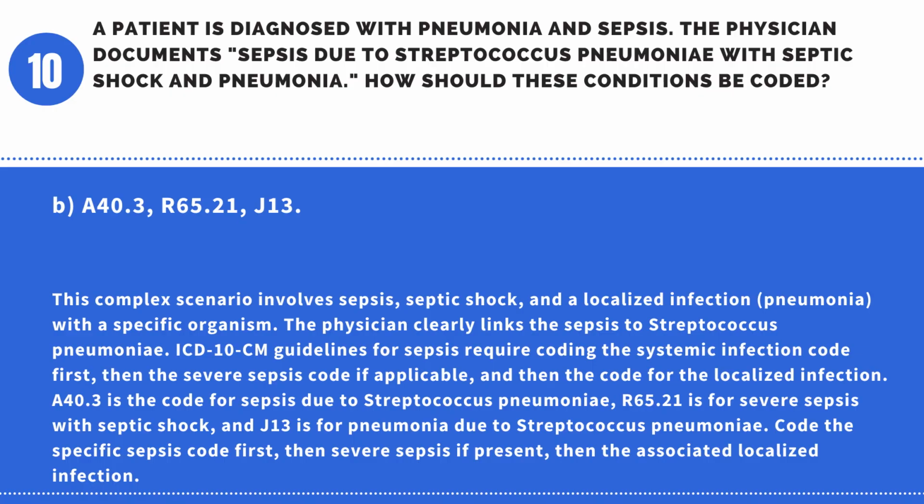ICD-10-CM guidelines for sepsis require coding the systemic infection code first, then the severe sepsis code if applicable, and then the code for the localized infection. A40.3 is the code for sepsis due to Streptococcus pneumoniae, R65.21 is for severe sepsis with septic shock, and J13 is for pneumonia due to Streptococcus pneumoniae. Code the specific sepsis code first, then severe sepsis if present, then the associated localized infection.